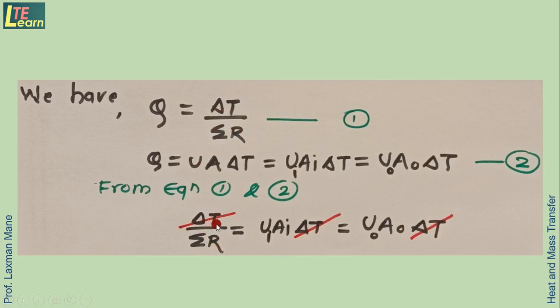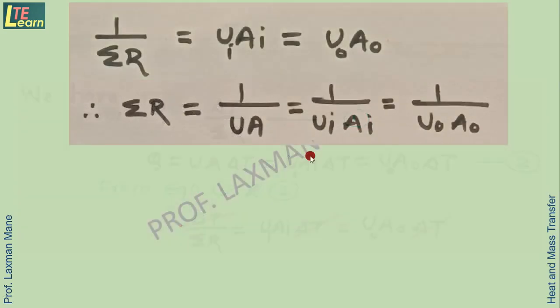Here delta T can be cancelled because it is present in all the expressions. Further, taking the reciprocal, we have summation of R is equal to 1 upon UiAi, which is equal to 1 upon UoAo.